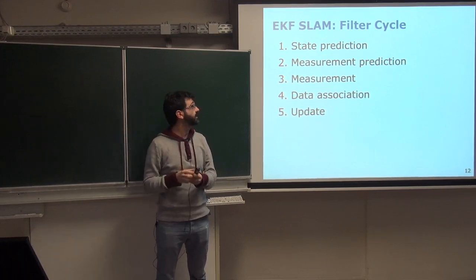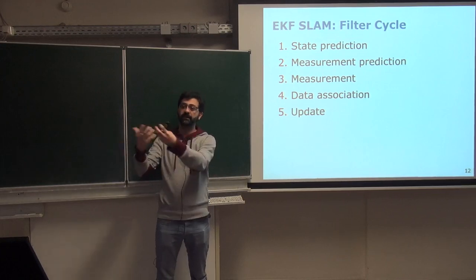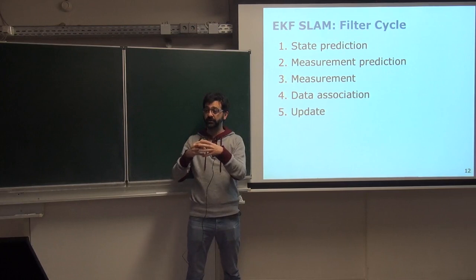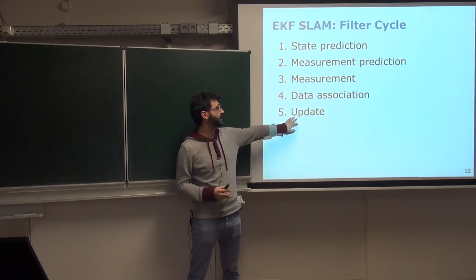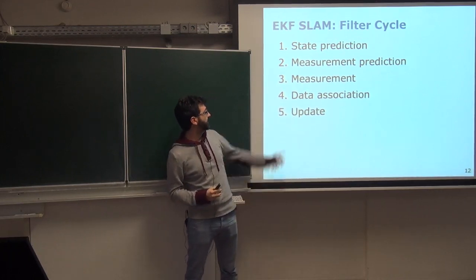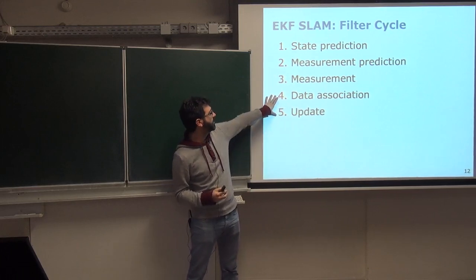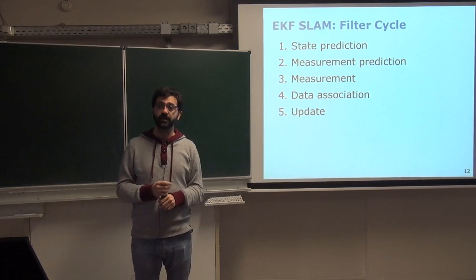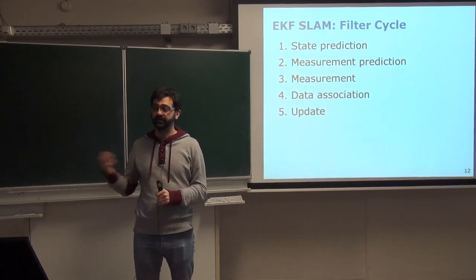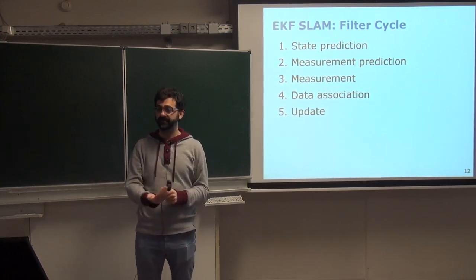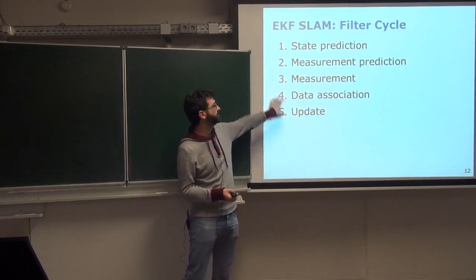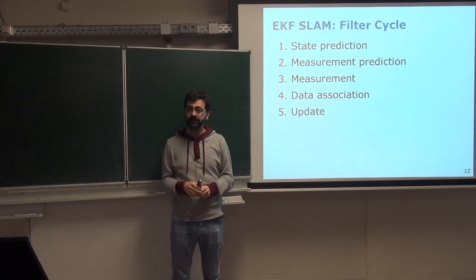Then we take the real measurement, we compare the two, so we do some data association and measurement update of the state, and then we do the final update. There is a last step which is somehow included in these two: when you observe a landmark which is not yet in your state space, then you also have a map update step. You will see later on how this is done together in the whole framework.